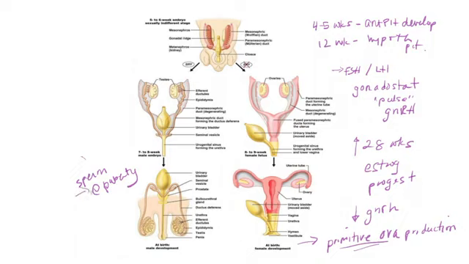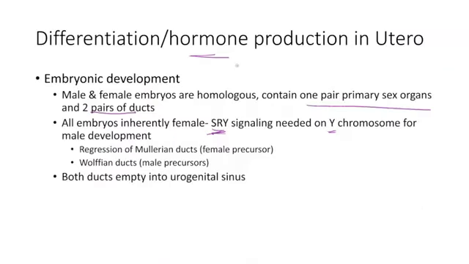Sperm does not start until the male is at puberty. All right. So hormone production, FSH, LH, GnRH, that gonadostat, progesterone, and estrogen are pretty much what you're going to get in utero.